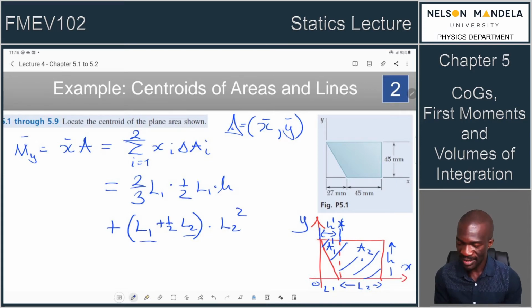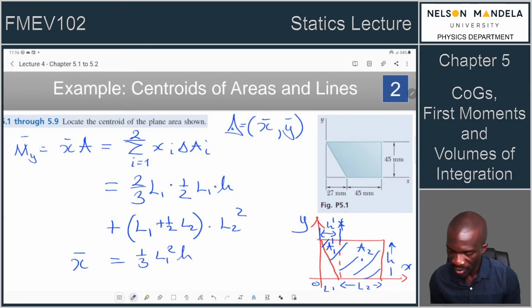All these are numbers, so you can just use all these numbers. On your left hand side, your x bar would now become the first one, 1/3 L1 squared times h, plus L2 squared times L1 plus half of L2.